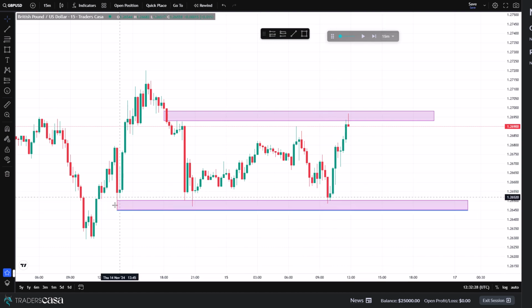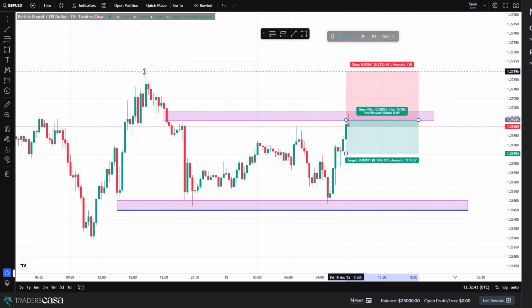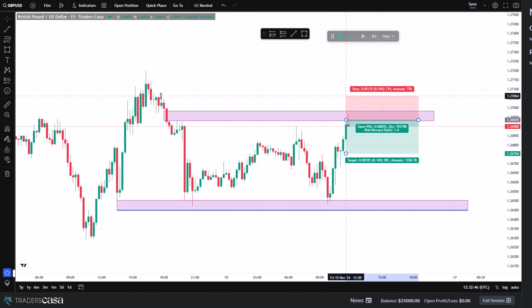So I'm looking at this sell side liquidity here as a potential target. We could sell from this. Let's actually put the tool, so we could potentially sell from here, actually from this fair value gap. Maybe put our stop loss at the swing high because it's the safest one. Maybe even here, the first candle that created the fair value gap.